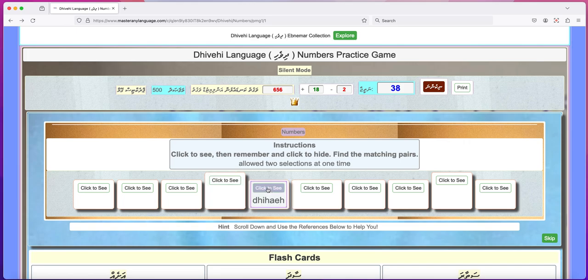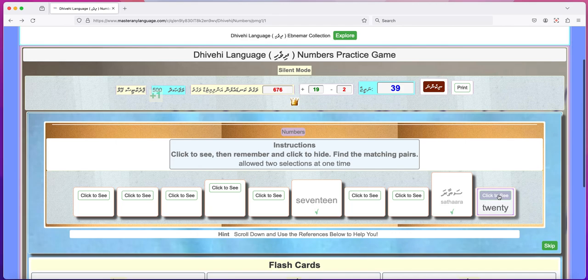Sadha. Dhivehi. I don't remember what that one was. Ashe is 8. Sathara. Oh, Satara sounds like 17. 20 is Vis. Is this Vis? Yep.